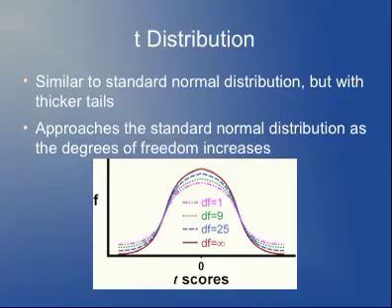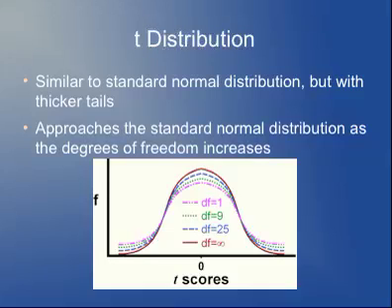On this slide, you can see the pink line is the t-distribution with 1 degree of freedom, and it's much less concentrated at the center of the distribution. The tails are much thicker, so you're much more likely to observe extreme values, either extremely small or extremely large, on a t-distribution with 1 degree of freedom than you would with the normal distribution.